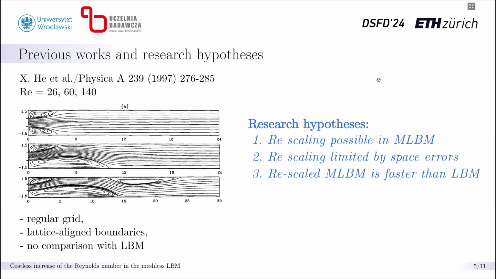We consider problems with more complex boundary shapes, and we make timing comparison with standard LBM. So the hypotheses we're going to address in this study are the following: that the Reynolds number scaling is possible in meshless LBM, that this scaling is limited by increasing space errors, and that meshless LBM can run faster than standard LBM at the same Reynolds number.